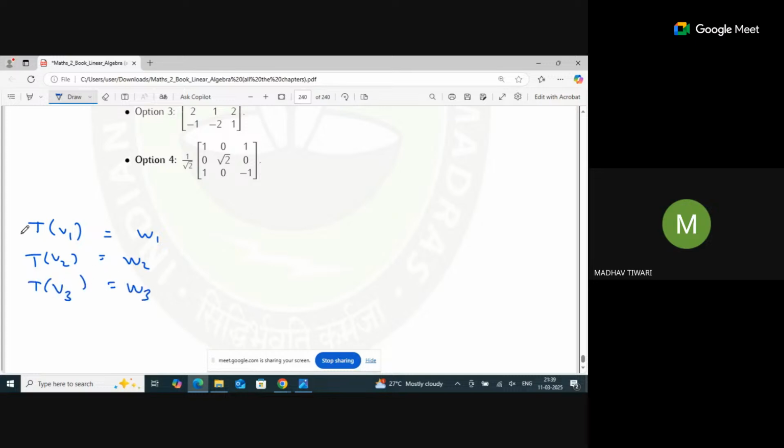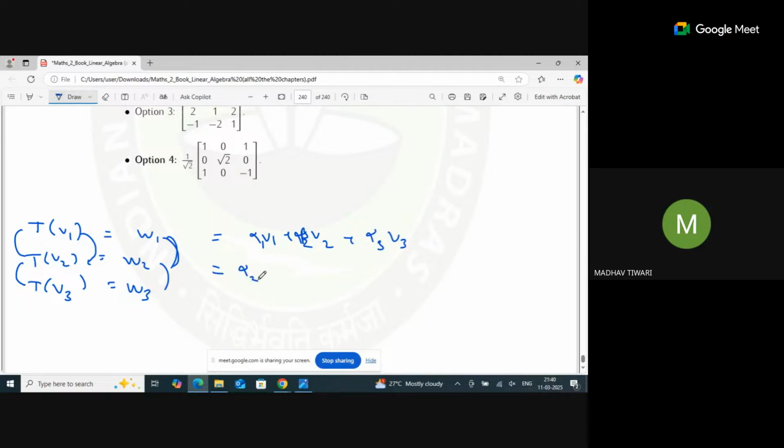You know that if I take the inner product of these two, it will be equal to this. If they are orthogonal or orthonormal, then these two are also orthonormal. If I represent W1 as a linear combination of these three, suppose alpha 1 V1 plus alpha 2 V2 plus alpha 3 V3.